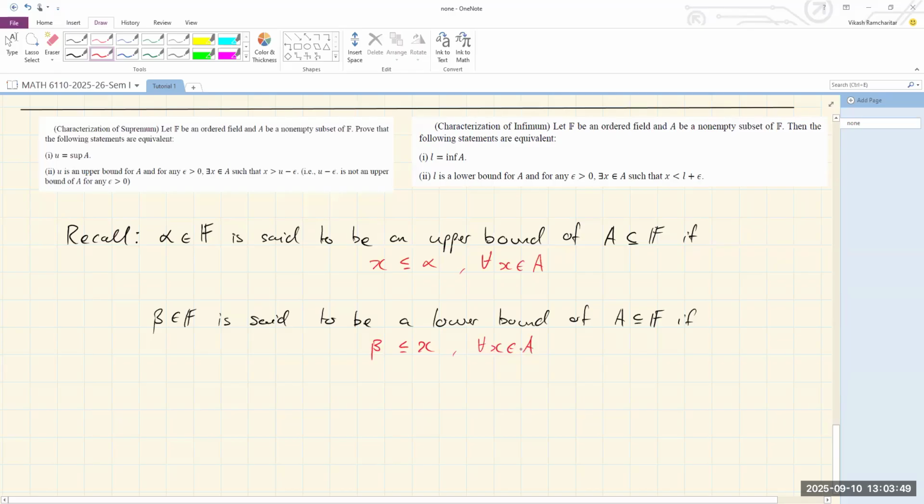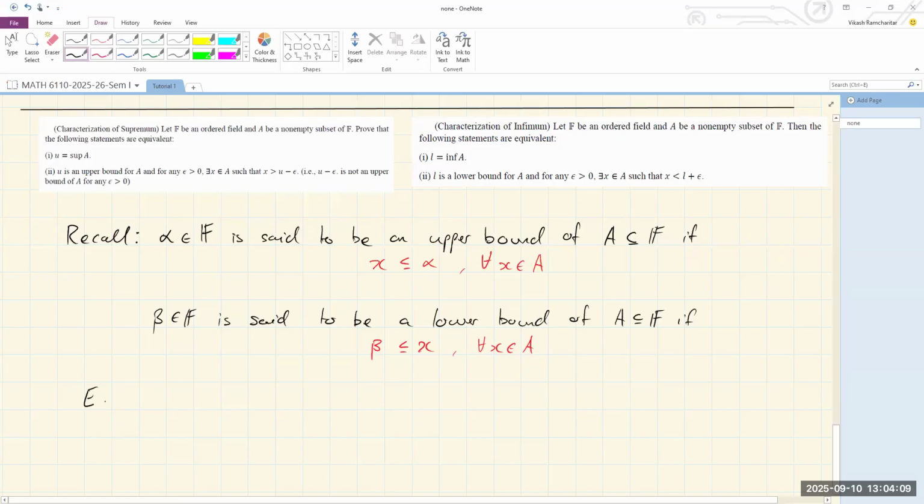Okay, and notice that the alpha and the beta only need to belong to the field. We are not saying that they must also belong to the set A. They may or may not belong to the set A. And in general, a set may have many upper bounds and many lower bounds.